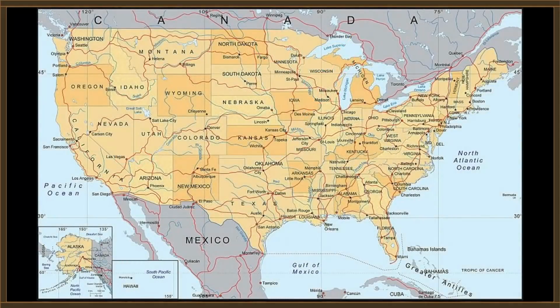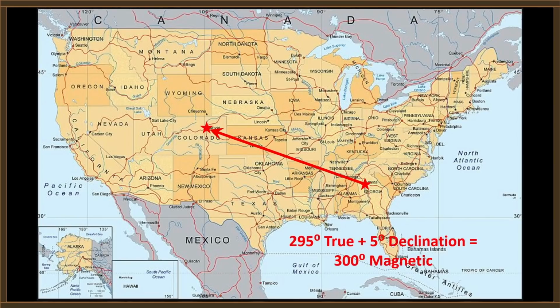Here's a real world example, the one we used earlier. If I'm in Atlanta, Georgia, wanting to travel to Denver, Colorado, the true heading I need to fly would be 295 degrees. But I've got a 5 degree magnetic declination, 5 degrees west.